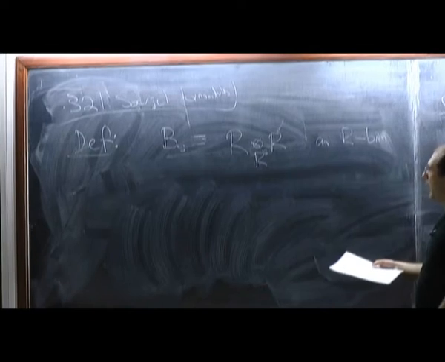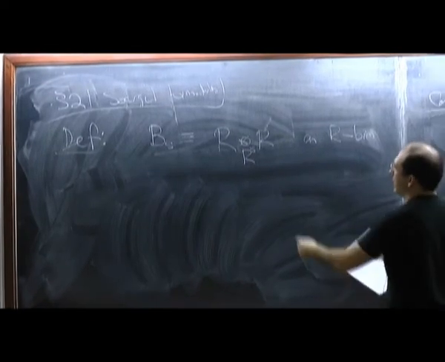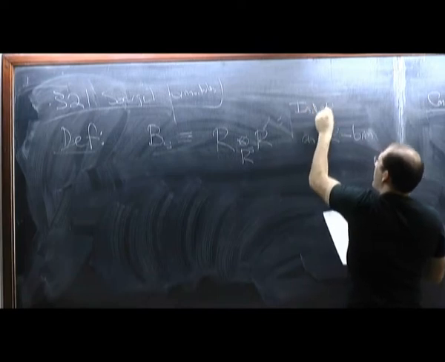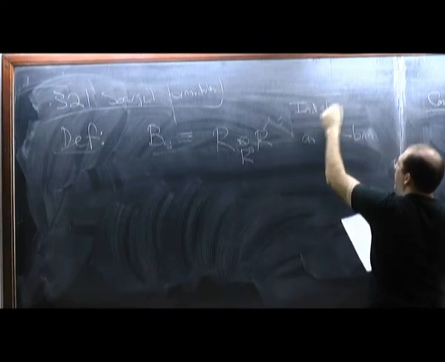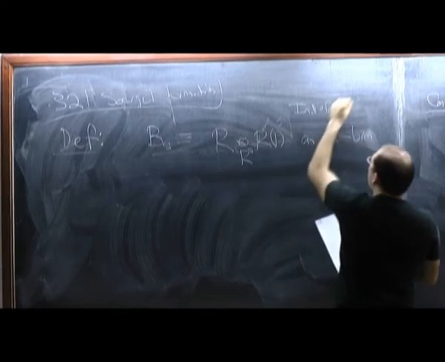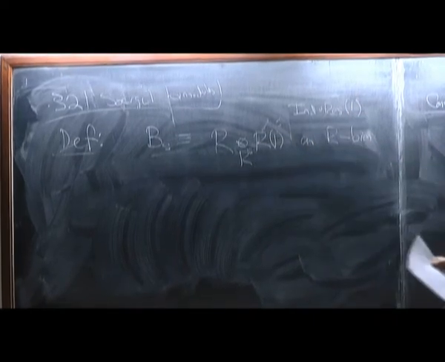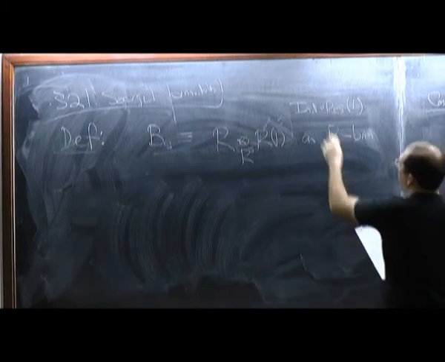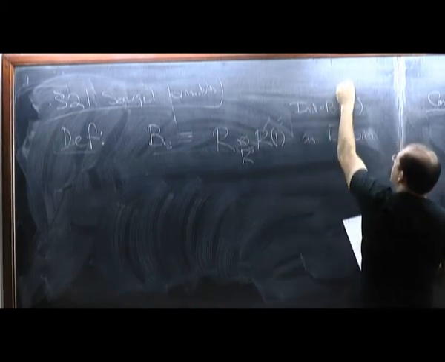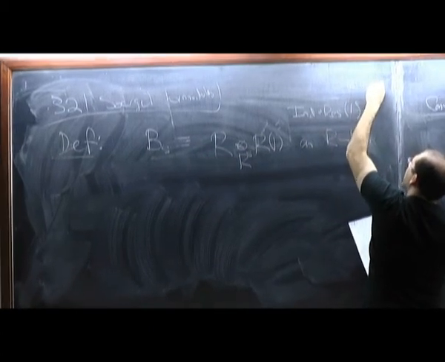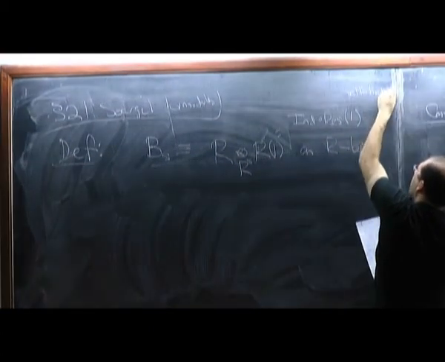So what is this? This is restriction followed by induction, with a grading shift by 1. So as a result, this is actually self bi-adjoint. That is, it's adjoint to itself on both the right and the left.